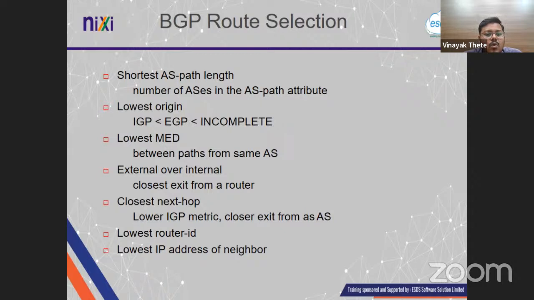Or the lowest origin of that route, or the lowest MED value, or external over internal, or the closest exit from a router, or closest next hop reachability. Closest next hop reachability is basically the lower IGP metric, or it has a lower router ID or lower IP address of the specific neighbor. On these criteria, BGP best path route selection is done.